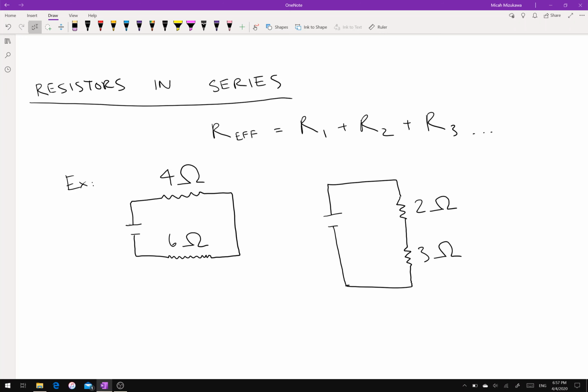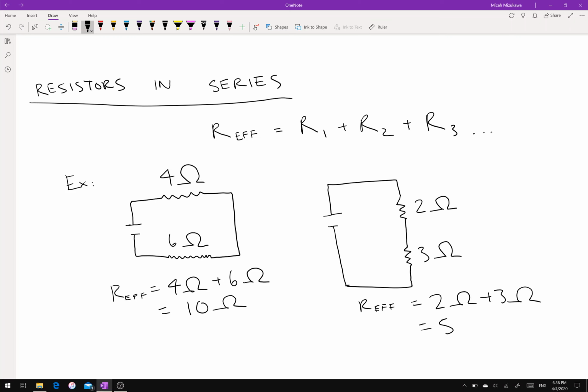For the circuit on the left side, if we follow the circuit, we go through the 4 ohm resistor and then the 6 ohm resistor, so R effective equals 10 ohms. On the right side, it's the 2 ohm resistor plus the 3 ohm resistor, which equals 5 ohms.